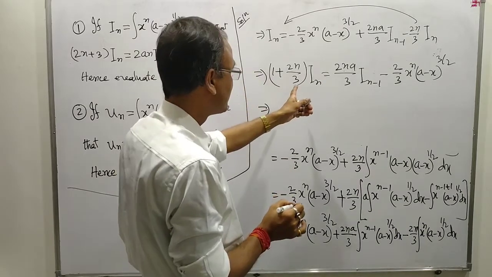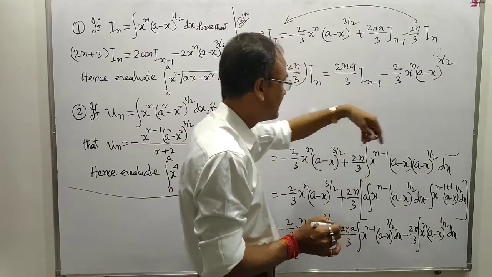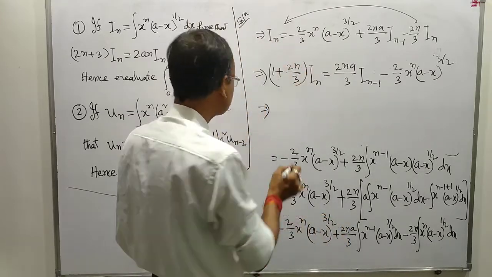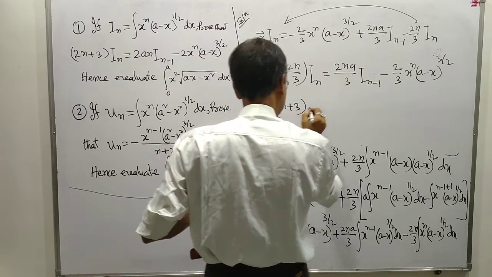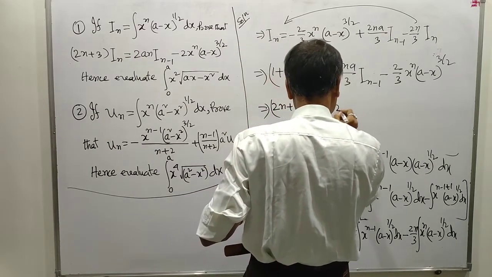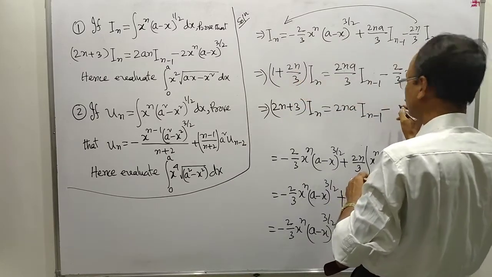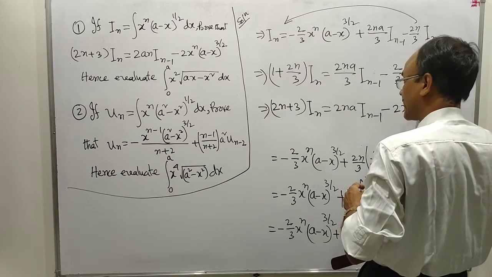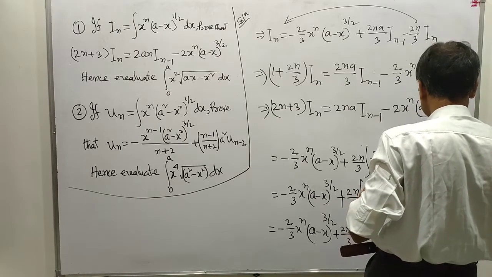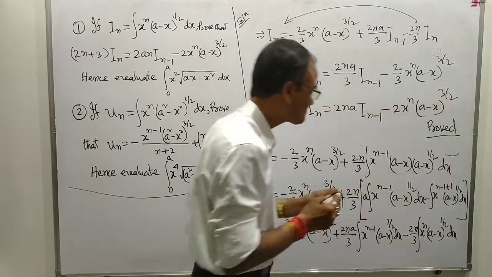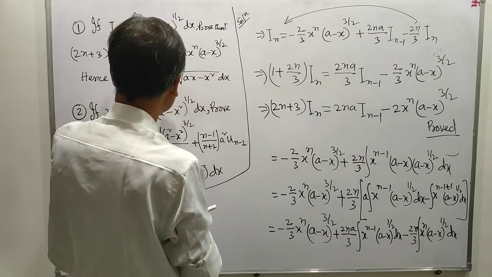Now multiply by 3, 3 will be cancelled, and divide by twice n plus 3. You may write I_n equal to twice n a I_{n-1} minus 2 times x to the power n (a minus x) whole to the power 3 by 2. Proved. Very simple. We have to prove this one.